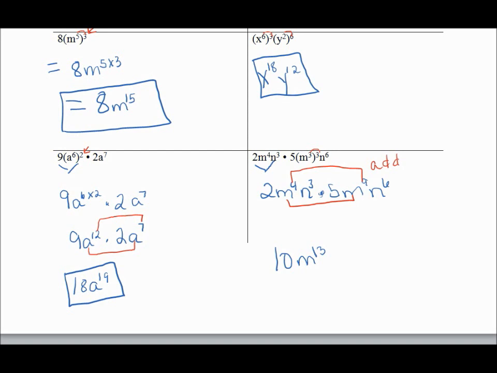And then for my last one, my n terms, I have n to the third times n to the sixth. Once again, the rule says to add those exponents. Remember, that is rule one. So that gives me n to the ninth. So my final answer is 10 m to the 13th n to the ninth.